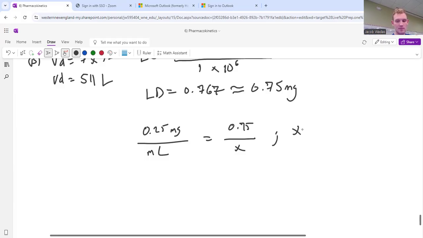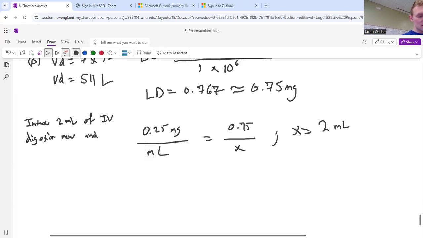The way that you would instruct the person to give this is you would infuse 2 milliliters of IV digoxin now, and give 1 mL in 6 hours.